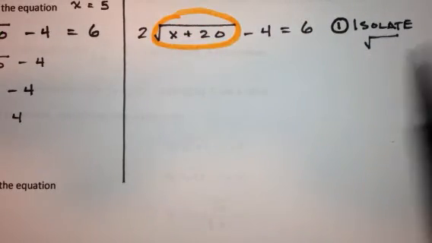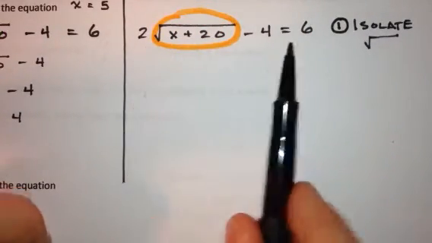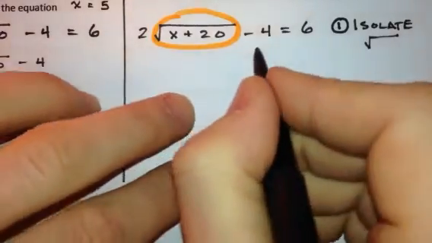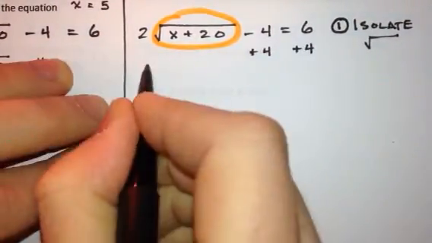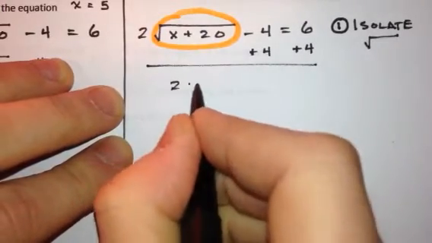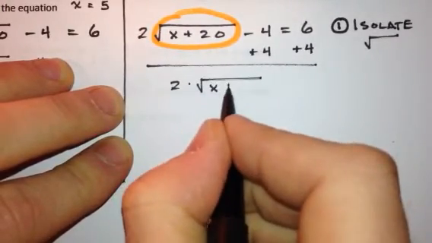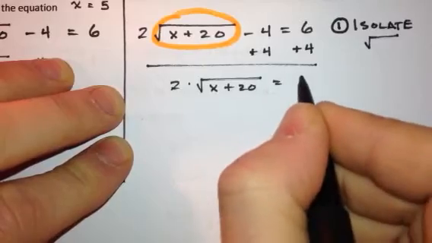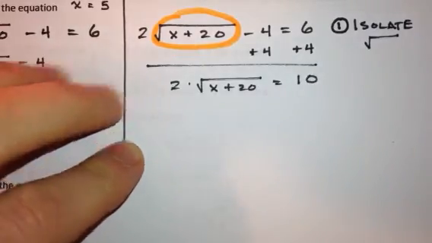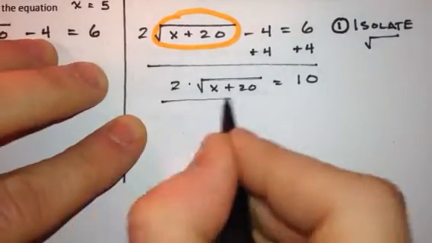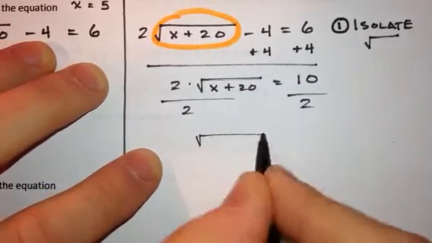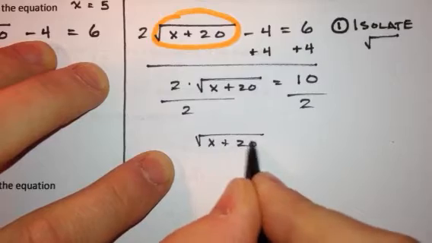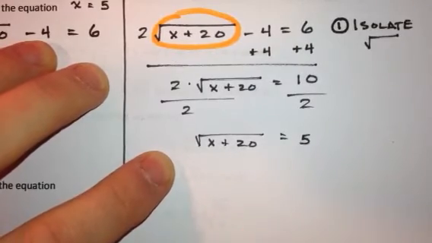And since it's being multiplied by something and something's being subtracted, we treat it just like we do a linear equation, and we add 4 to both sides, giving us 2 radical equals 10. And then since we still want to get that radical by itself, we're going to divide both sides by 2 and get that the radical is equal to 5.